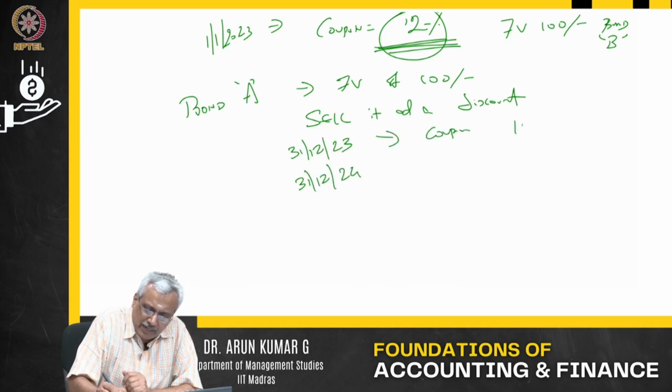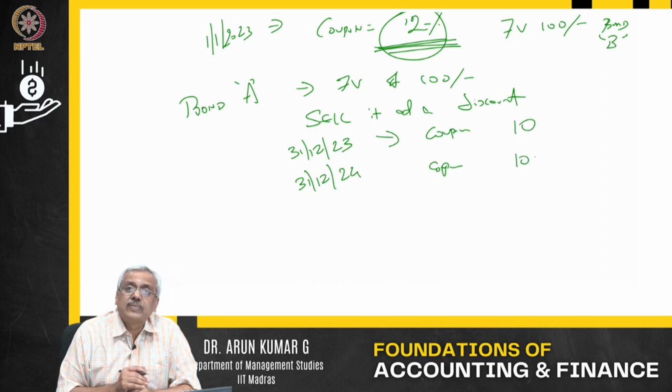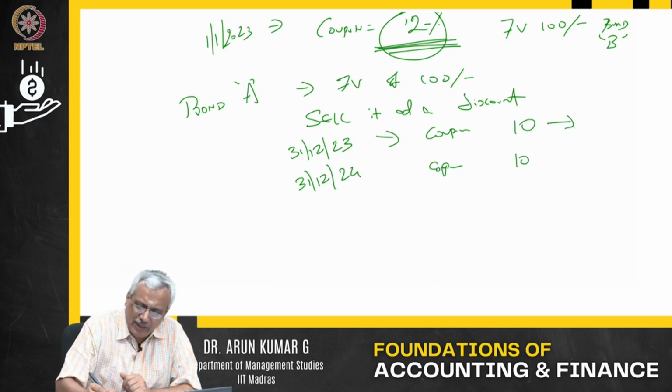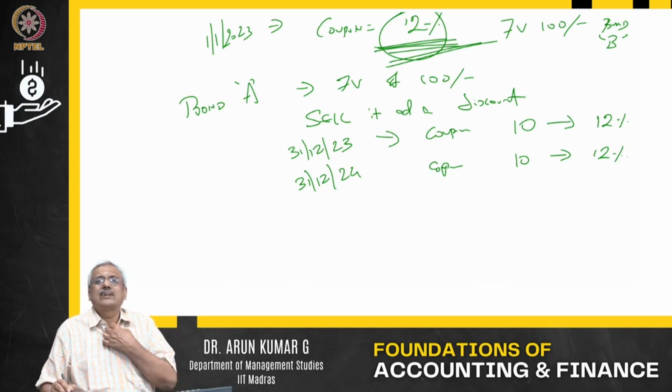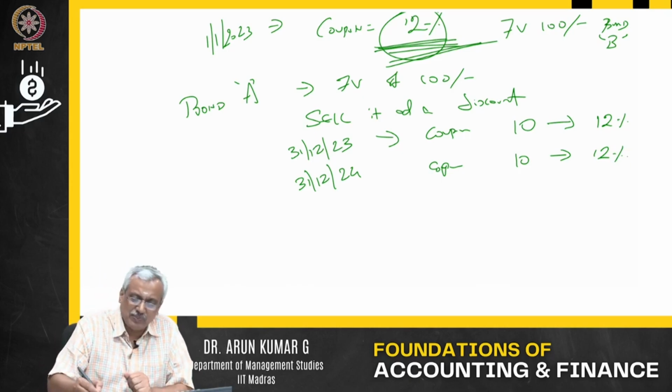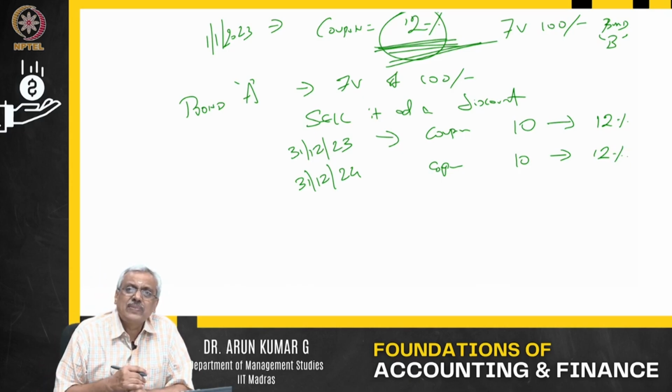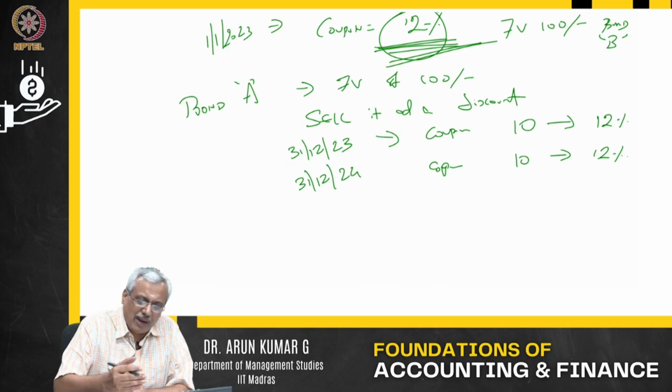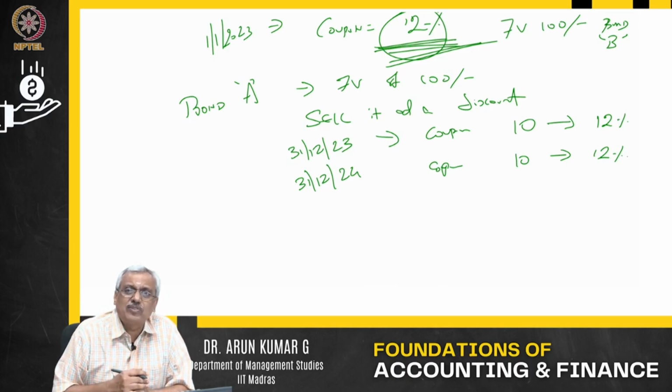A coupon, $10. This $10 should be equal to 12% for me because that is the prevailing market rate. If this $10 should be equal to 12% for me, then I should buy it at a price below 100. Only then will it be equal to 12% for me.